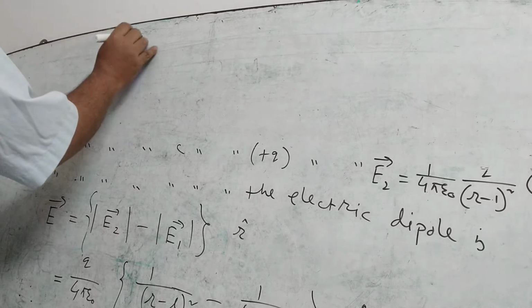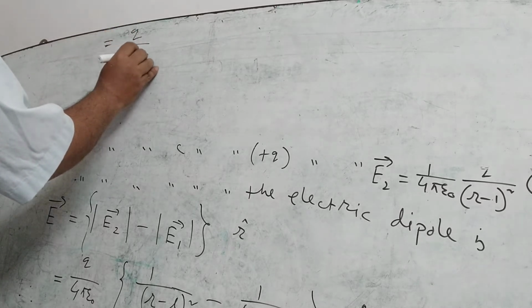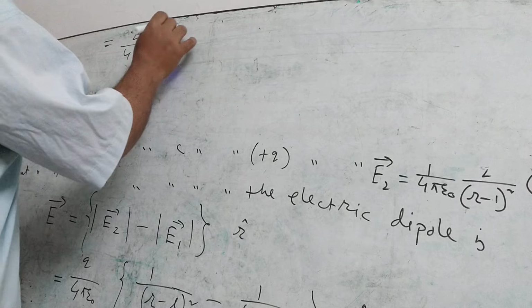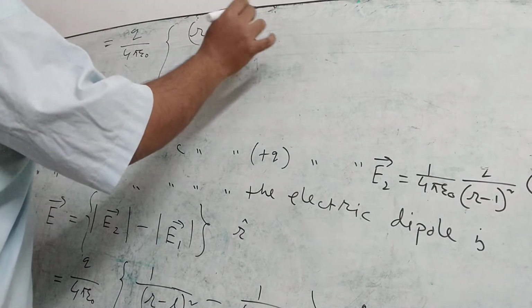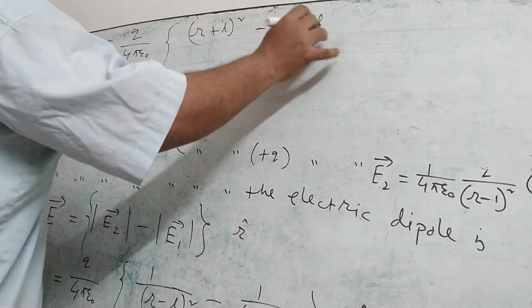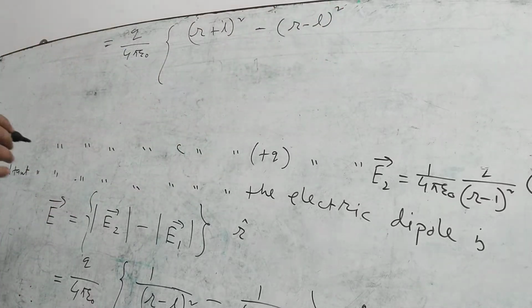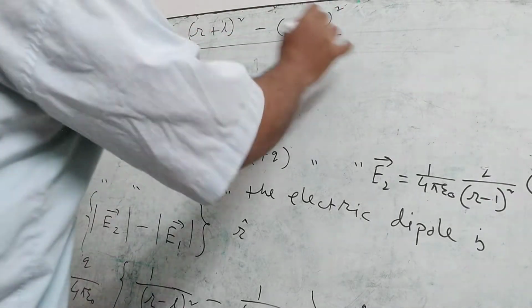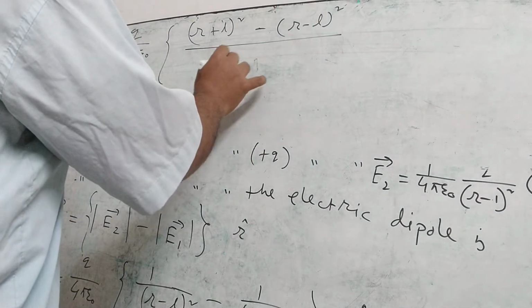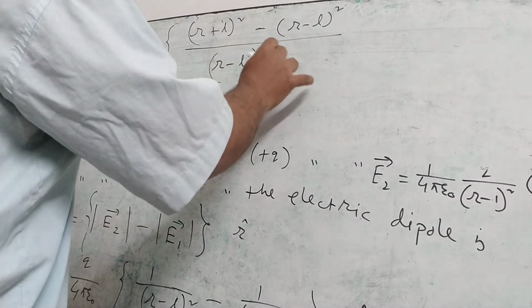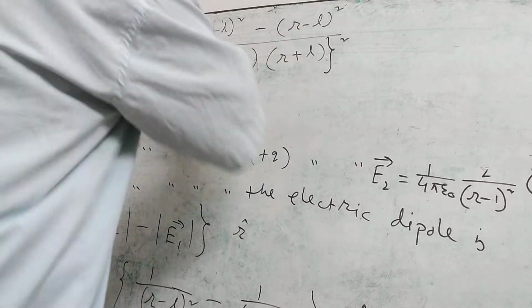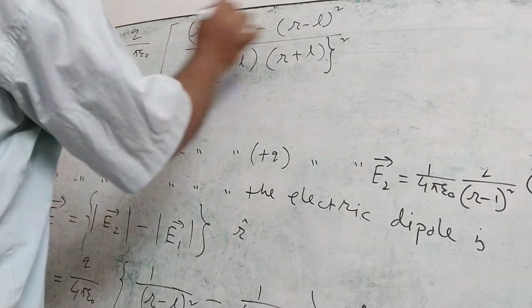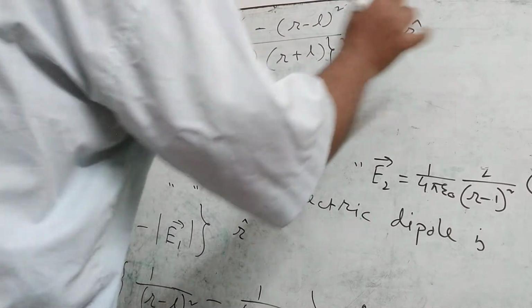This is equal to q/(4πε0) [(r+l)² − (r−l)²] / [(r−l)(r+l)]² into r cap.